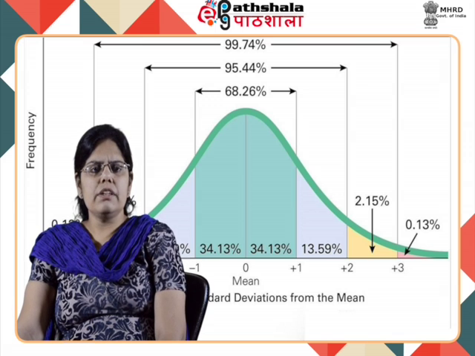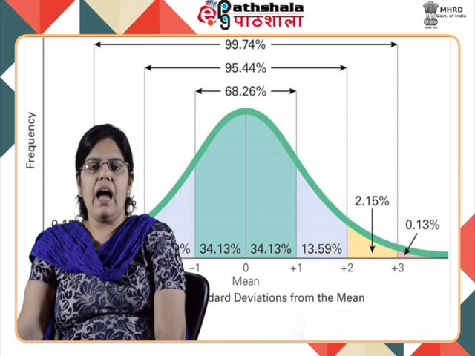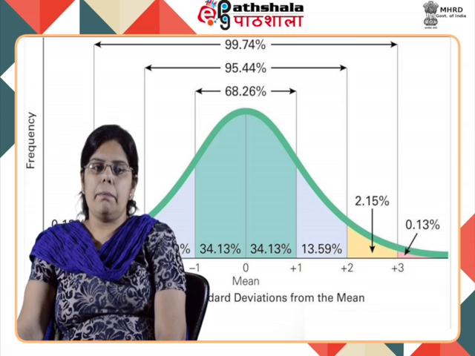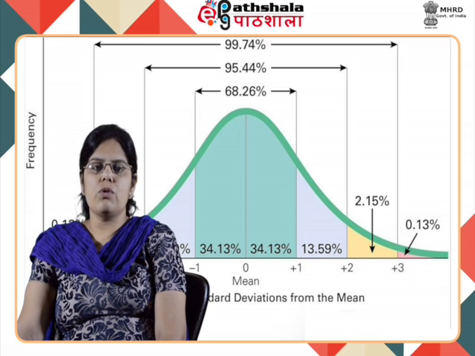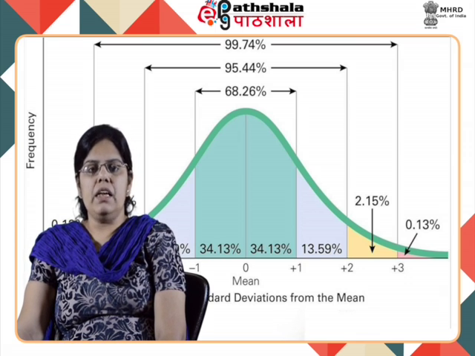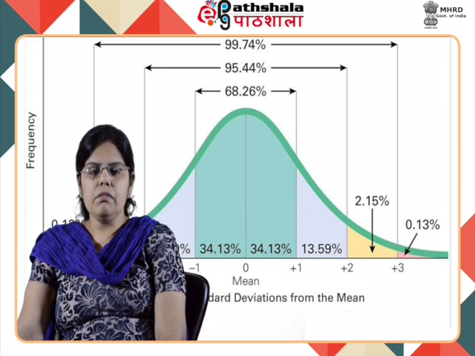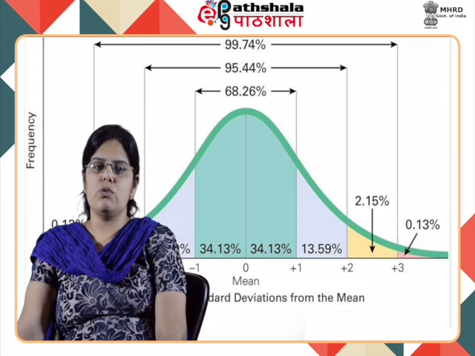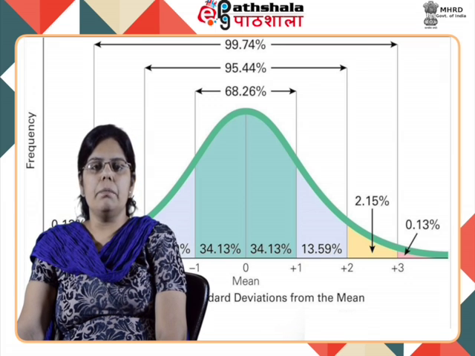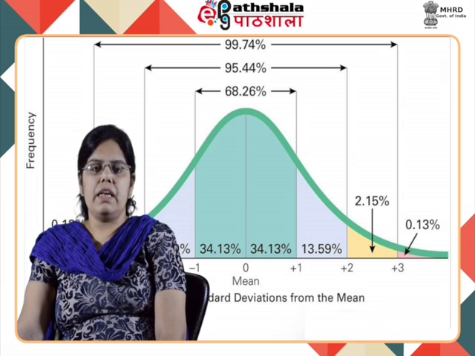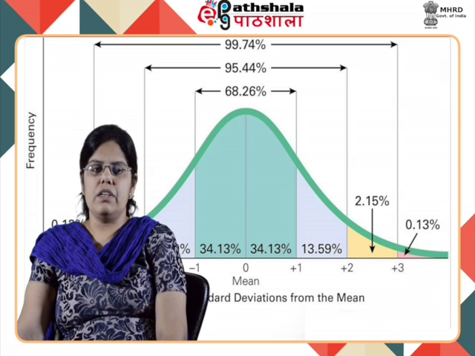Further, about 34% of all the scores occur between the mean and one standard deviation above the mean. About 34% of all scores lie between the mean and one standard deviation below the mean. About 68% of the total scores lie between the mean and plus minus one standard deviation.